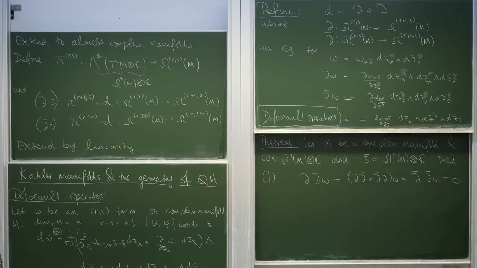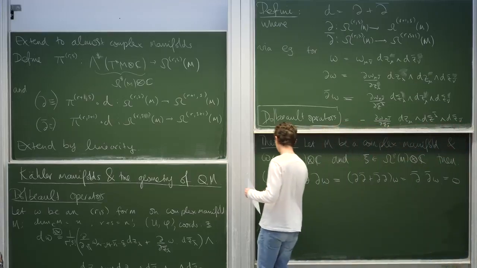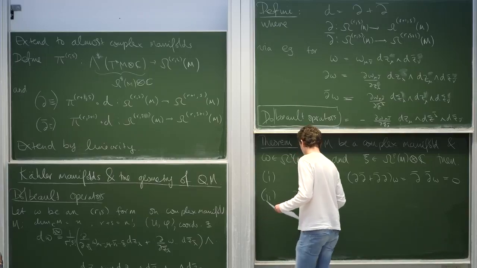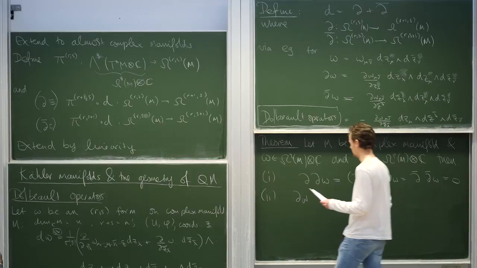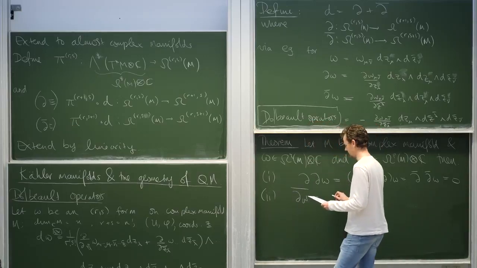The first really is just the manifestation of d squared is 0. The second one tells us that the delta operator is not a real operator, that we can relate them by complex conjugation.